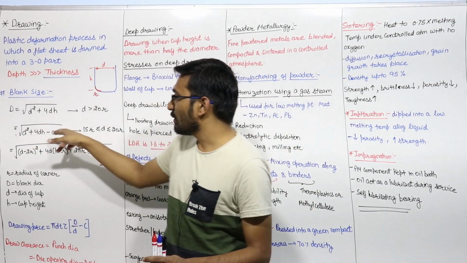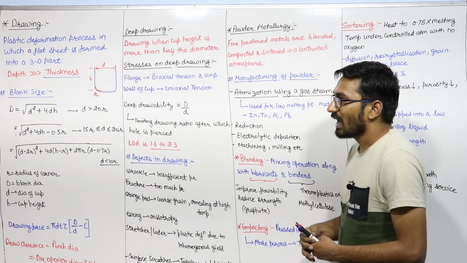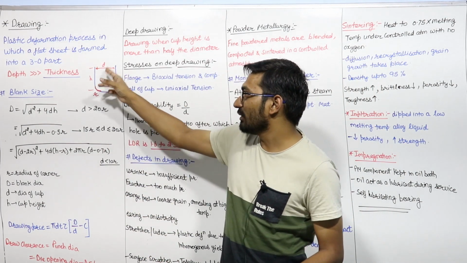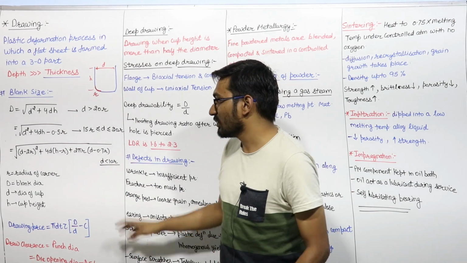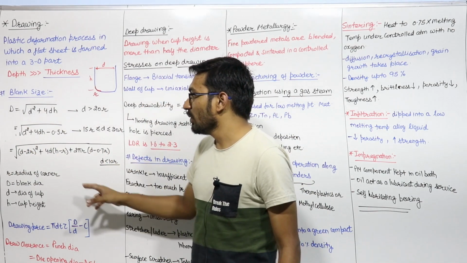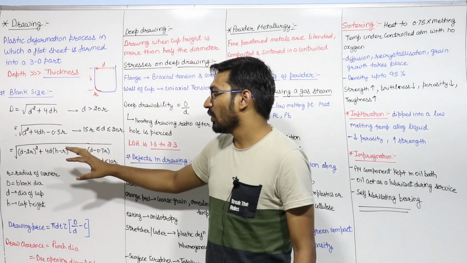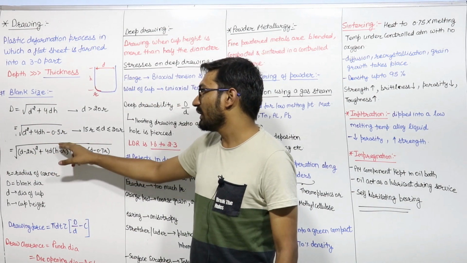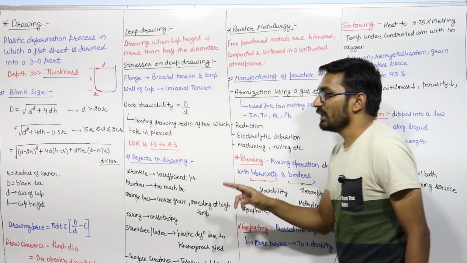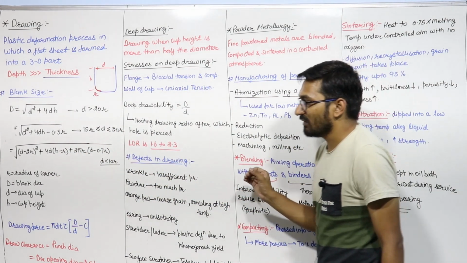And when d is less than 10r, the blank size will be under root of (d minus 2r) whole square plus 4d into (h minus r) plus 2 pi r into (d minus 0.7r).